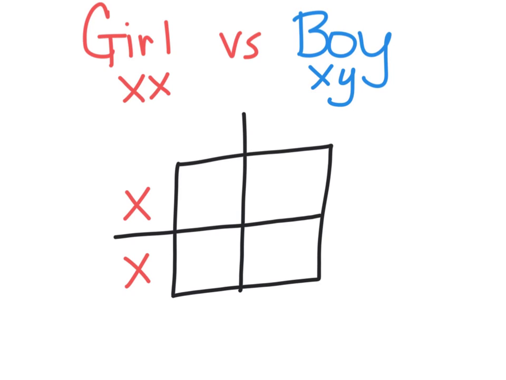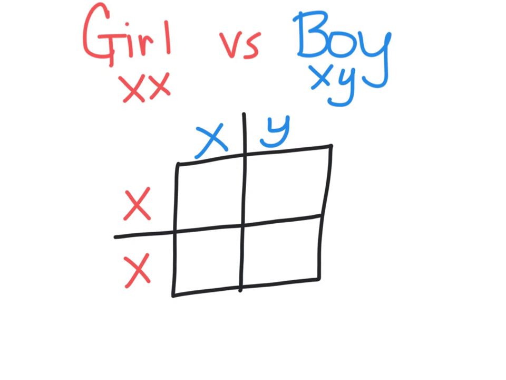If we look at her genetic makeup, a girl is XX, so she must pass on an X to her offspring. However, if we take a look at the boy and his genotype, he has an X and a Y. So we know that some of his sperm are going to end up with the X trait, and some of his sperm are going to end up with the Y trait.